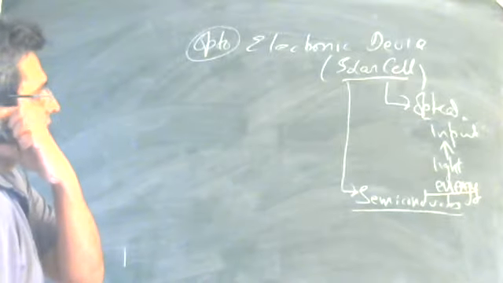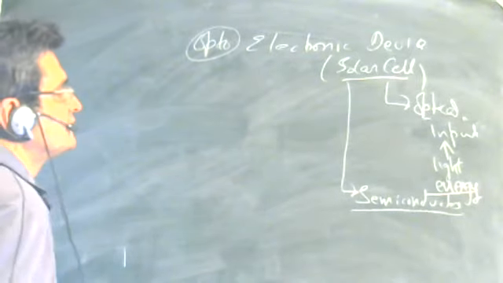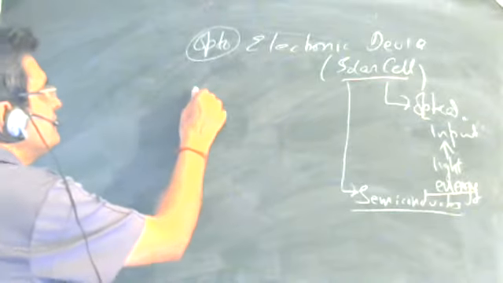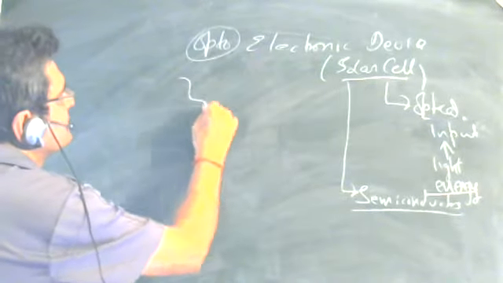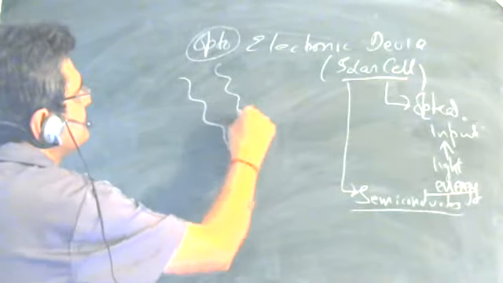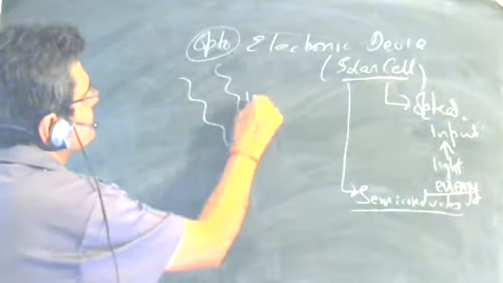What are the characteristics which we need for solar cell? In solar cell, what we want is that light has energy in terms of photons.